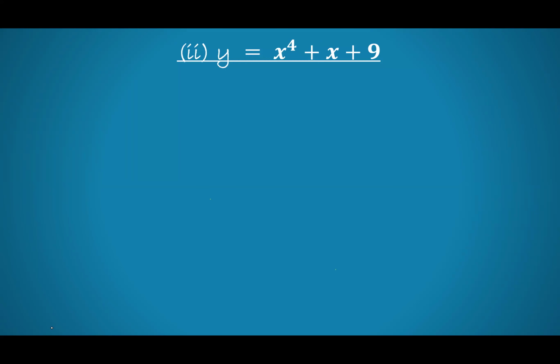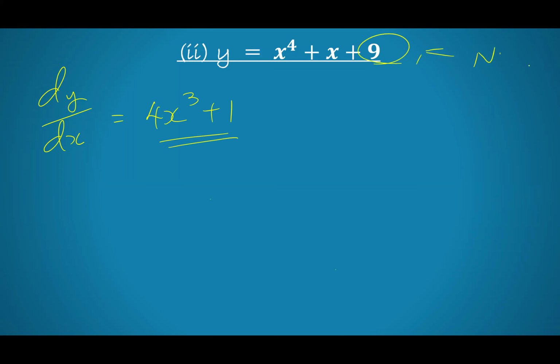So dy/dx, we have 4x to the power 3 plus 1. Good. dy/dx would be 4x to the power 3 plus 1. 9 is a constant, so it will disappear on differentiation.